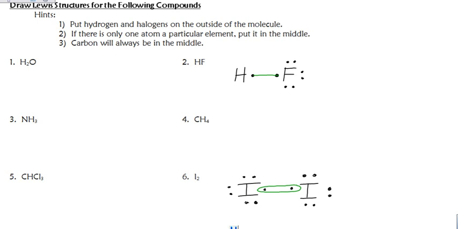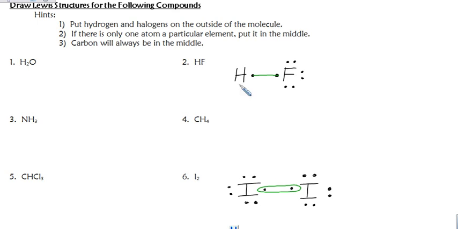Sometimes we call hydrogen a deficient octet. It's an atom that's stable with less than 8. So like in this molecule number 2, this shared pair counts for hydrogen and fluorine, but then hydrogen only has 2, and that's okay. He's just filling the first energy level, and it can only hold 2 electrons.